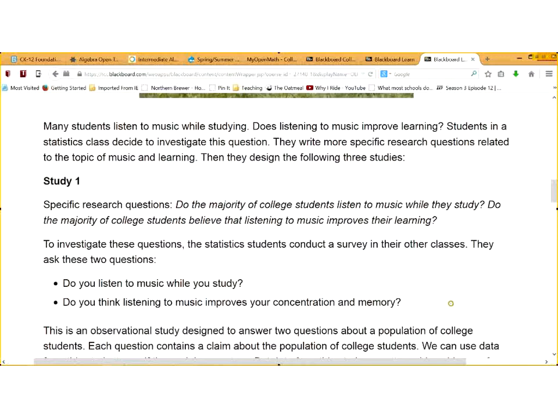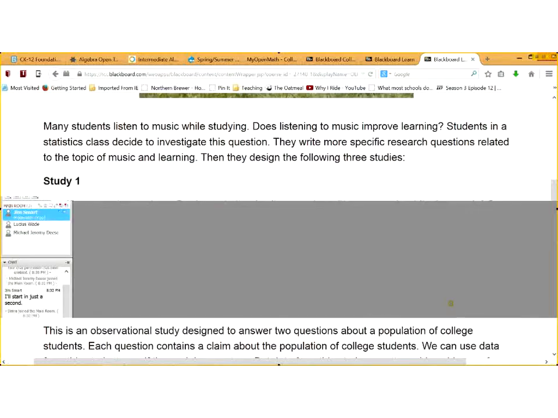And do the majority of college students believe that listening to music improves their learning? So are these questions about populations or about cause and effect? I'll let you answer. Do you think these are questions about a population or questions about cause and effect?